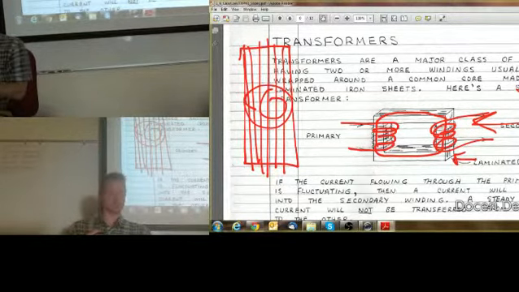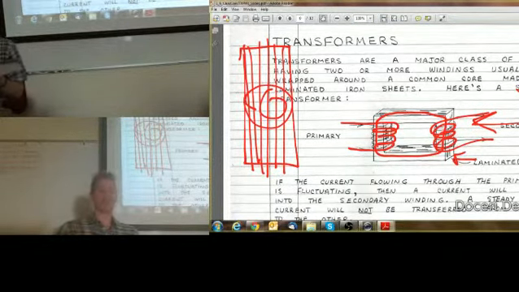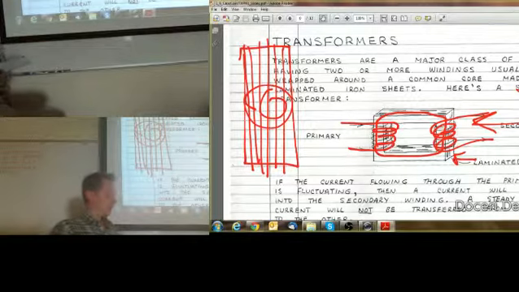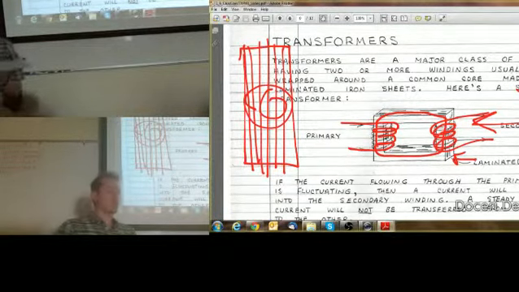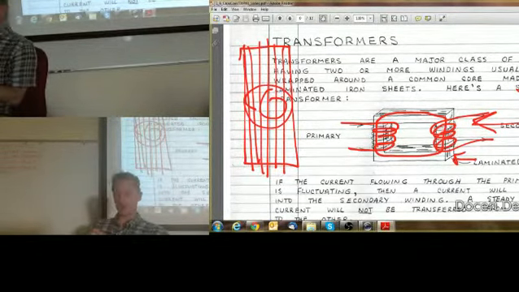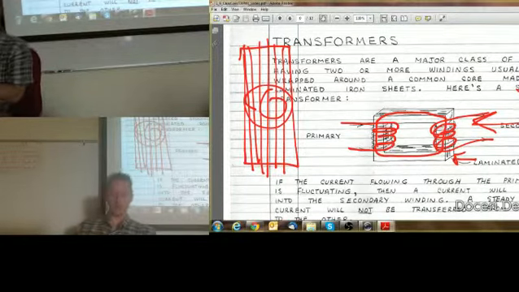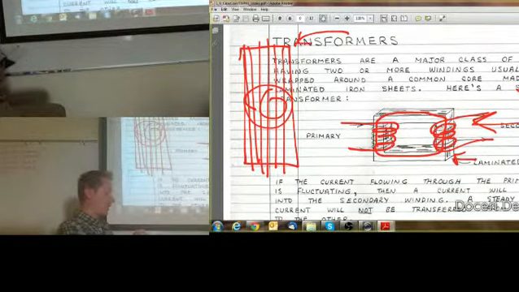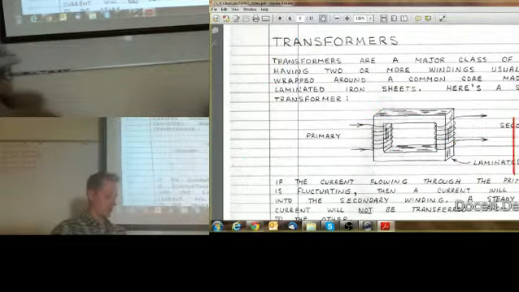Similar to the Lenz's law apparatus that we had, where the current was flowing in that copper, and that will heat up and make the transformer more inefficient. So it's more efficient if it has a laminated core. That's the purpose of that, to increase the efficiency.